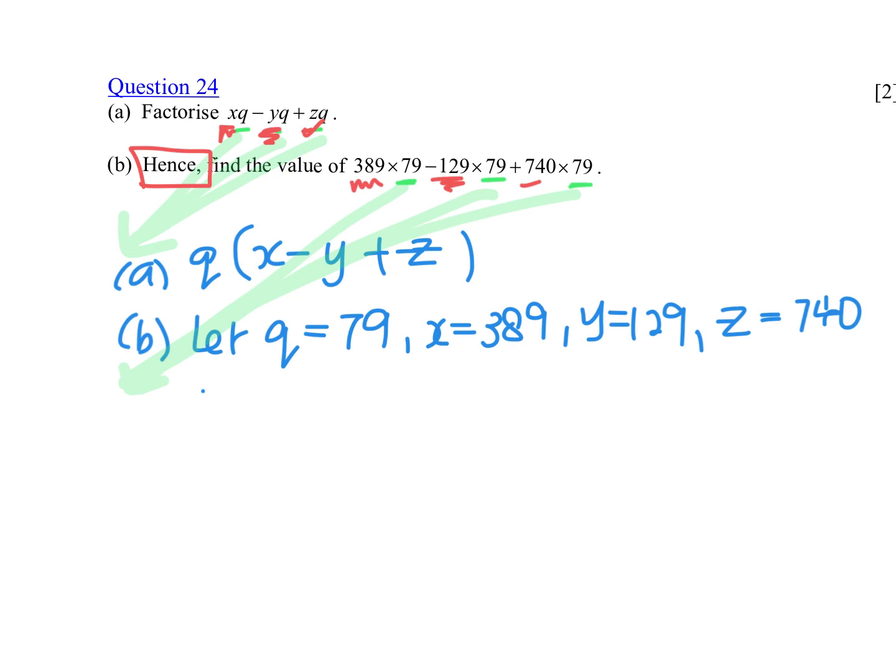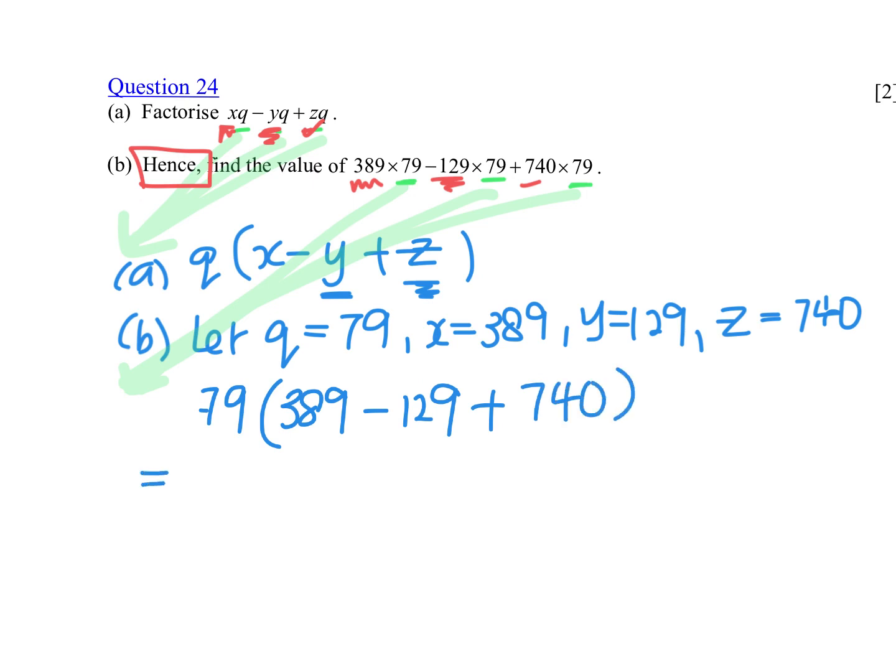So this one will become 79 bracket with all my other terms inside, x minus y plus z. So x will be 389 minus y, which is 129, plus z itself, which is 740.